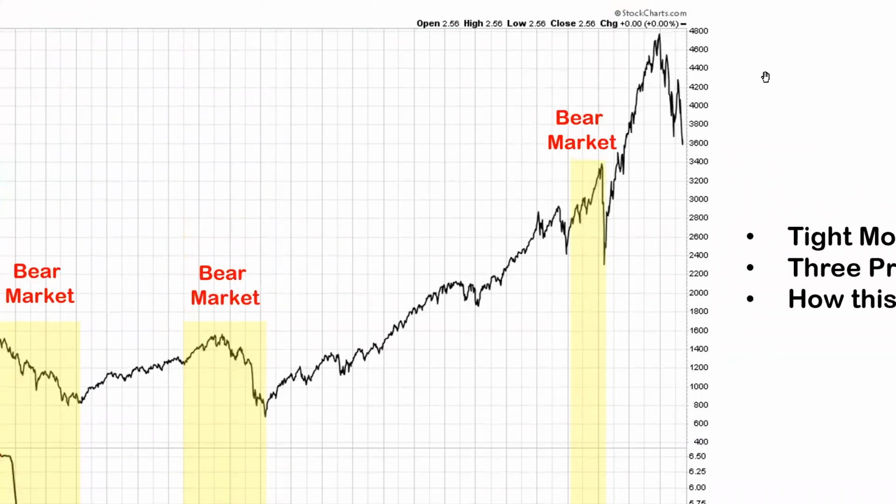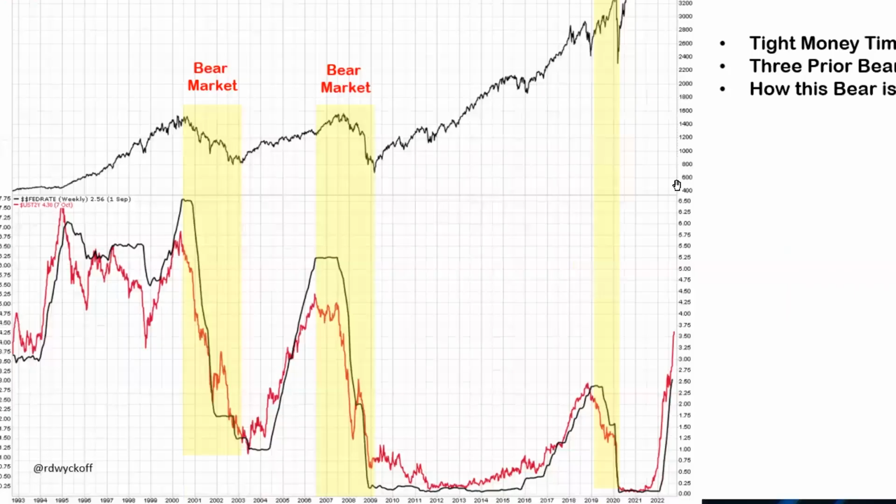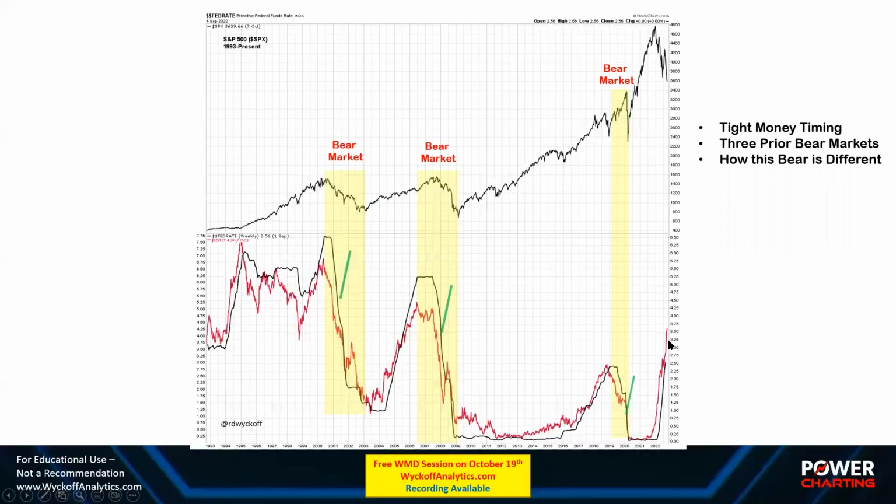And so if we look at the bear market, the Fed is raising rates all the way through this period as the bear market is underway. Each of these three scenarios with the green down arrow shows the Fed lowering rates as the bear market gets underway. Very interesting. Today, completely different situation.